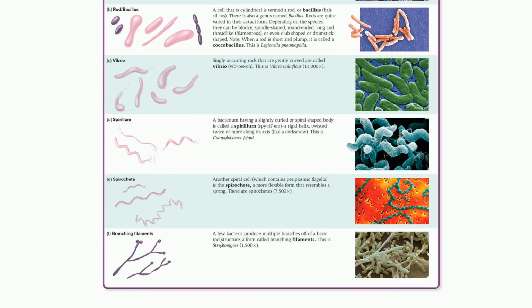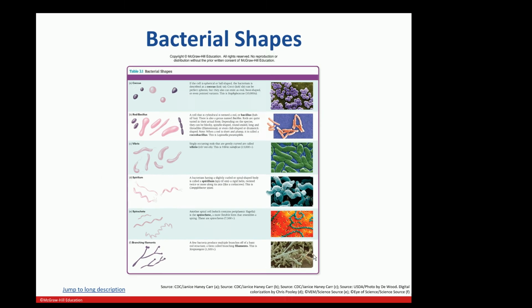So they are basically like a rod, but they can form these kind of branches. So few bacteria produce multiple branches of a basic rod structure. This is a basic rod structure, and you can see how they're forming branches. Okay, so these are different shapes of the bacteria.